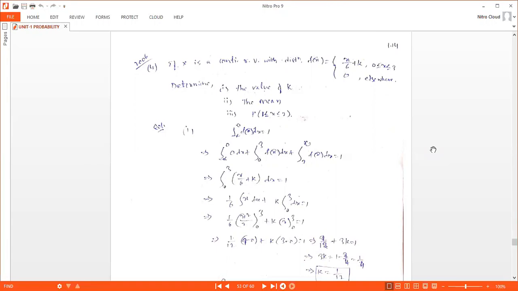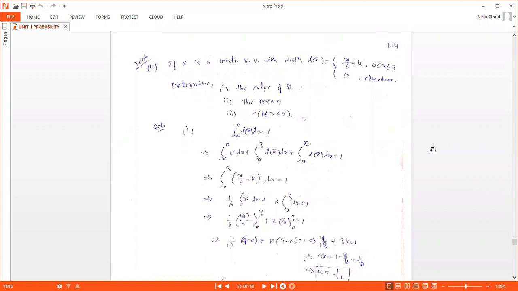Now to find the value of k, we know that the total probability is 1. So integration from minus infinity to infinity of f(x) dx is 1. But the function is defined from 0 to 3, otherwise the value is 0.